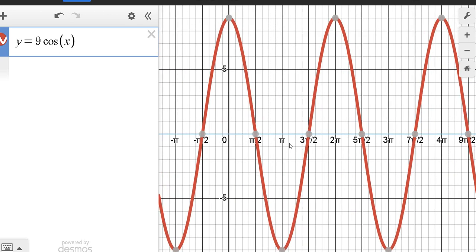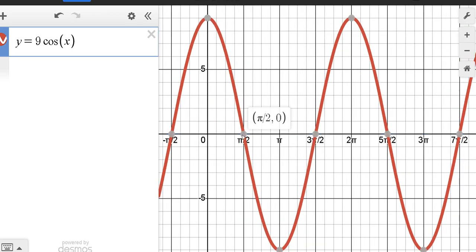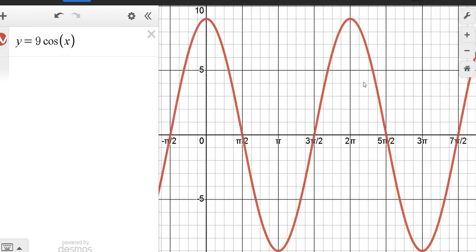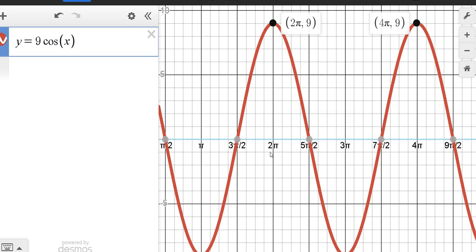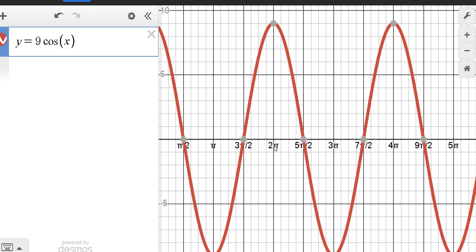And zoom in. There you go, pi over 2. We start at 0, and then 2 pi later, you've got 1 period of your graph. And then another 2 pi later, out at 4 pi, there's another period. So if you go out to 4 pi, you've got 2 periods of your graph.